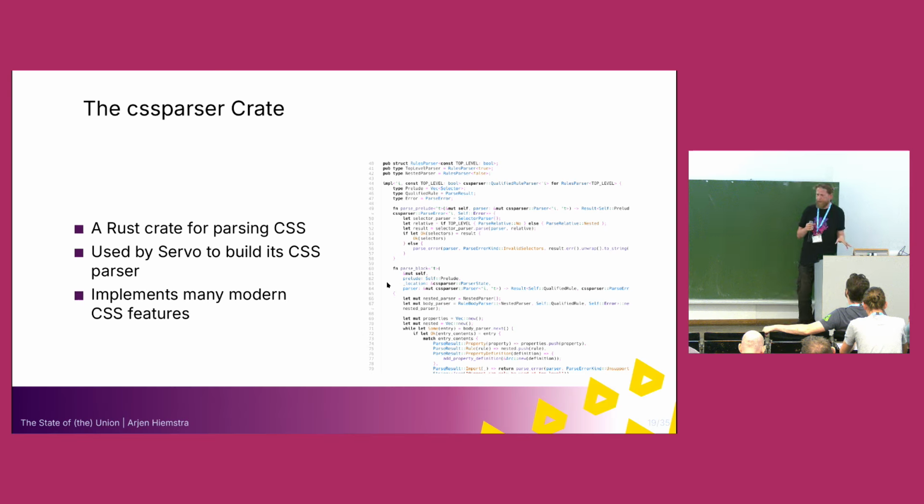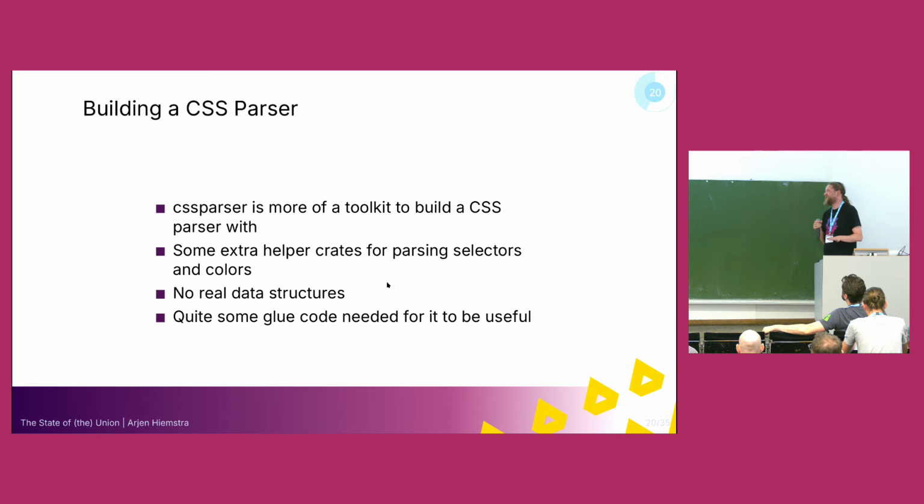It does support a whole lot of modern CSS. But it turns out that it's quite a low-level library. And it's a parser, yes, but it's a parser that basically gets you a bunch of function calls where you go, okay, now you need to do something with this data.